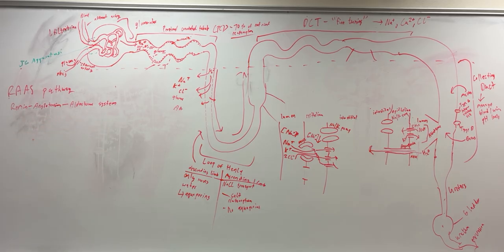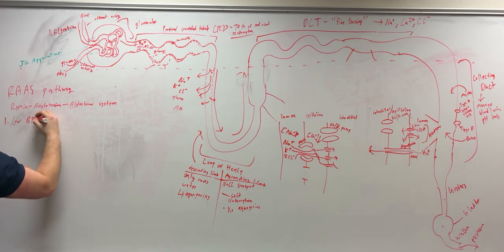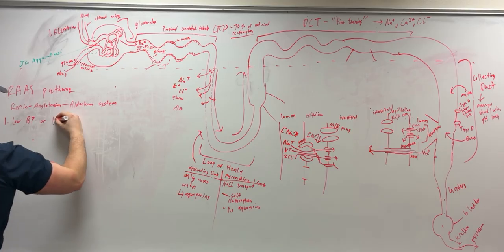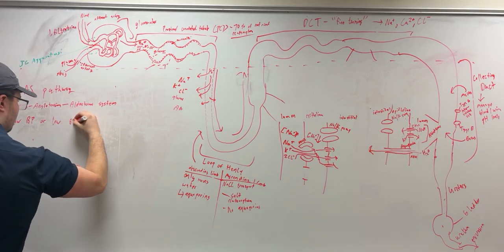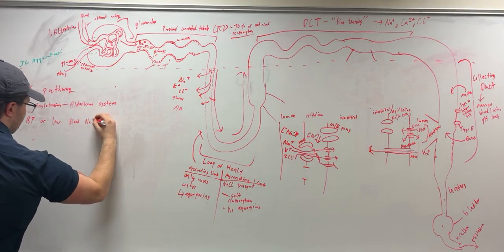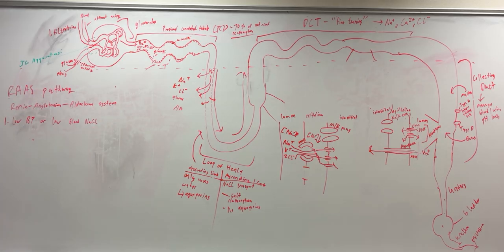So the first thing that's going to happen in this pathway, so step one, is you're going to have low blood pressure or low blood NaCl. So you're either going to have very low blood pressure or you're not going to have enough electrolytes.